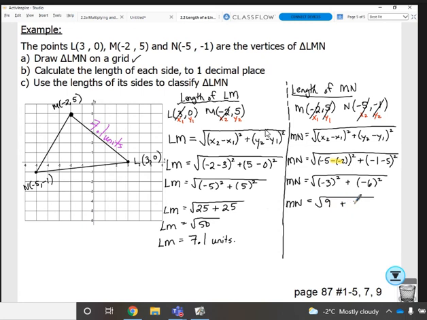Negative 6 squared is positive 36. What's 9 plus 36 in the calculator is root 45, which should be a little bit less than 7. Take the square root of 45, 6.70, so 6.7 units.